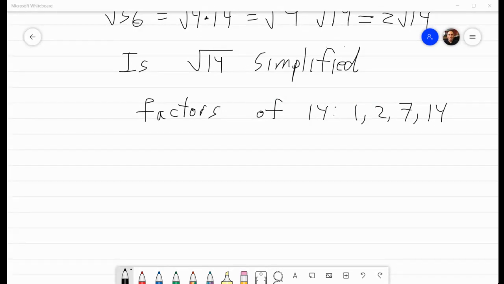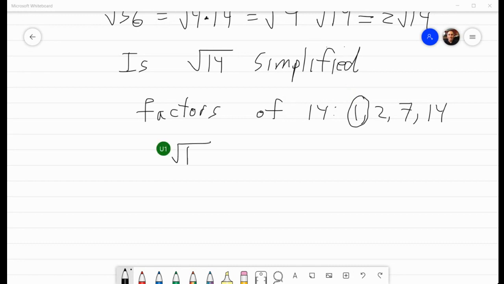Because of that, the only factor of 14 that's a perfect square is just 1. There we go. 1 is the only factor of 14 that is a perfect square. Well, because of that, 2, 7, and 14 are not perfect squares, so this is simplified.